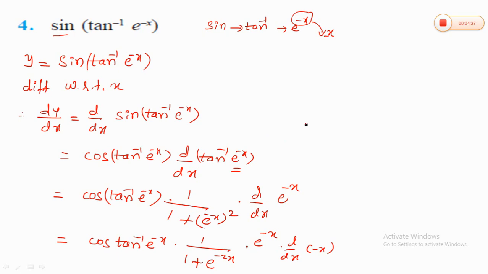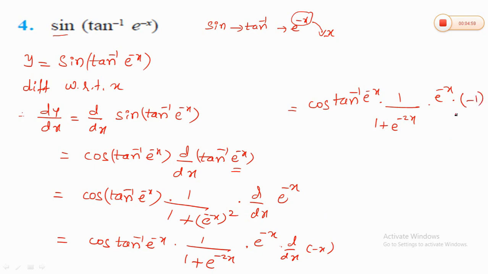Yes, then this equals cos of tan inverse of e raised to minus x into 1 upon 1 plus e raised to minus 2x, this into e raised to minus x, this into the derivative of minus x, which is minus 1.